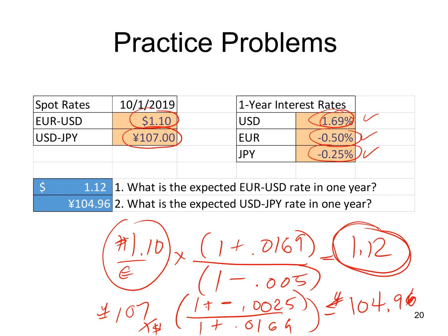The US has 2% higher interest rates, which by IRP means they must have 2% higher inflation. So the yen price of a dollar is going from 107 to 105, roughly. That's about a 2% devaluation of the dollar, because the yen price of a dollar is the price of $1. So the dollar is going down by about 2%, which means the yen is going up by about 2%.